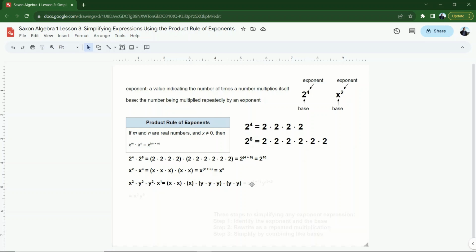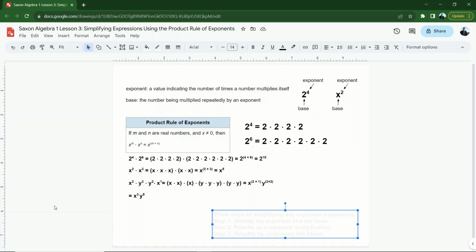But what I can do is collect my x's together and collect my y's together. Let's do that. I have 2 plus 1 x's and 3 plus 2 y's, so my answer is going to be x to the third, y to the 5th. Notice I'm keeping my 2 different bases separate from each other. I can't combine them, but I did collect all the x's into one term and all the y's into one term, and that's going to be what you're expected to do as well.